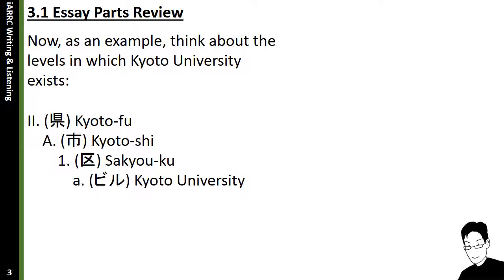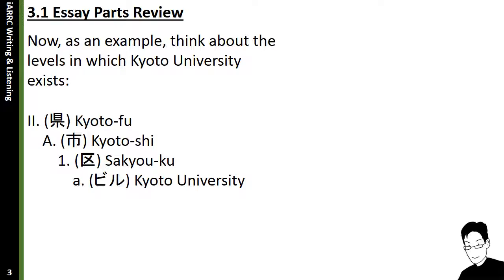It is very important to understand the locations of these parts in the essay. Thinking about levels in the essay, for example, paragraph level and sentence level, might help understand where these parts exist.